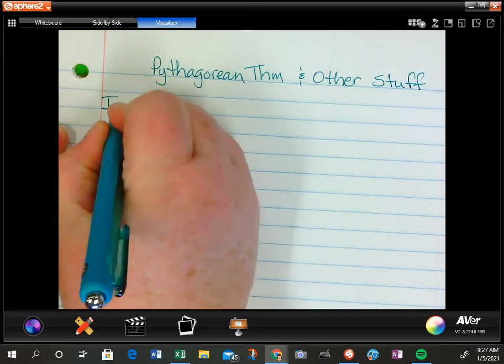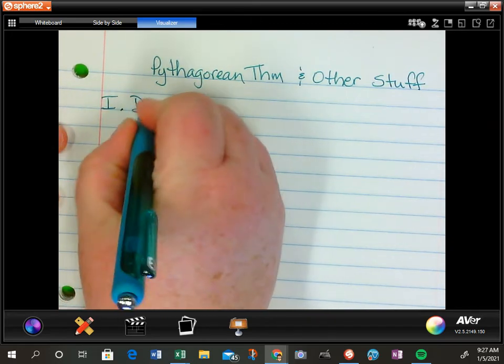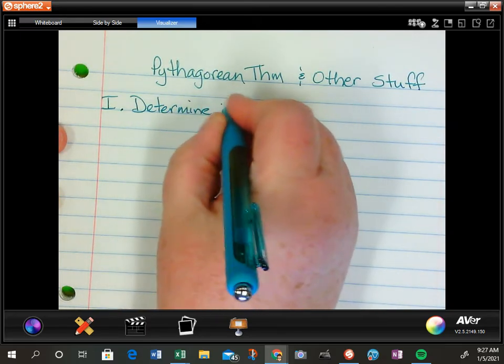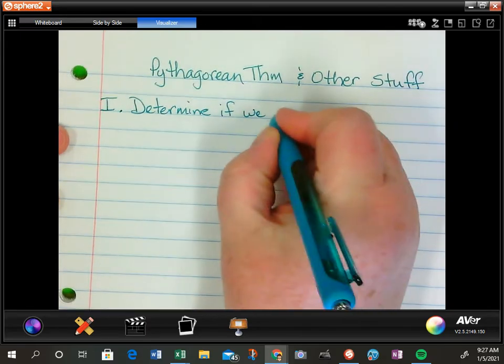Number 1, determine if we have a triangle.